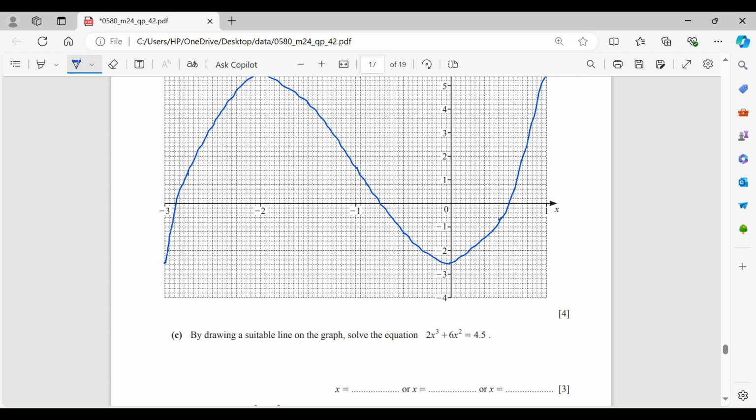By drawing a suitable line on a graph, solve this equation. Right. Our original equation is, let me check the original equation.